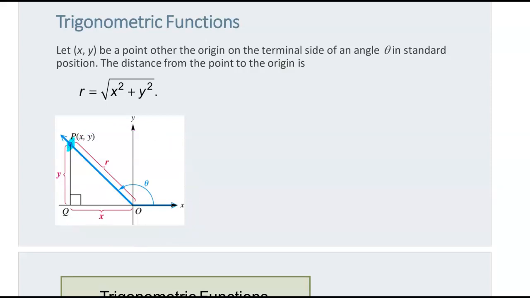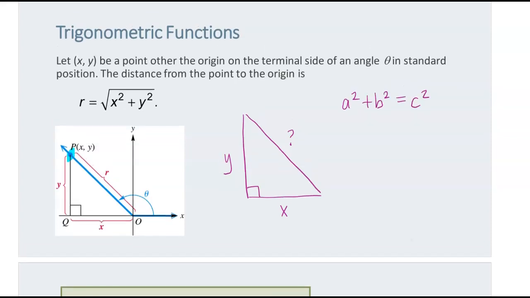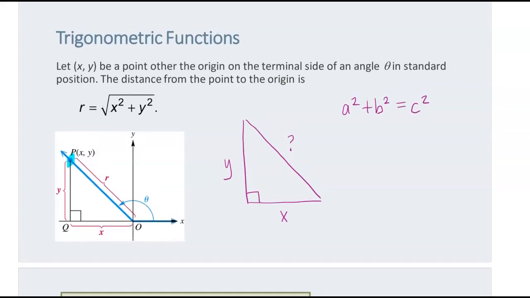So to find the length of R, we're using the Pythagorean theorem. The Pythagorean theorem states that if I have a triangle like this, and this side is x, this side is y, and I want to figure out what this side is, we talked about it last week as a squared plus b squared equals c squared, and that a and b could be interchangeable, but c has to be the hypotenuse.